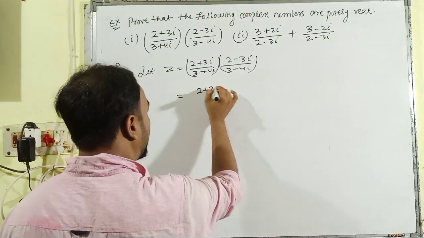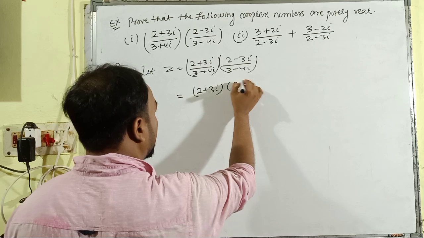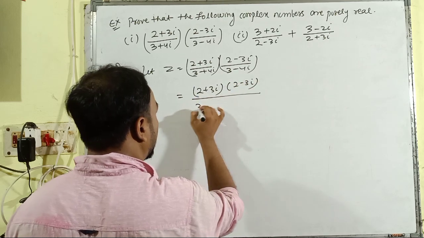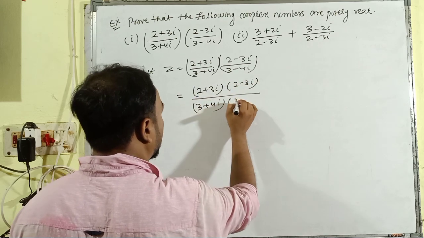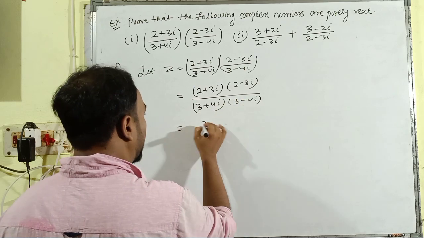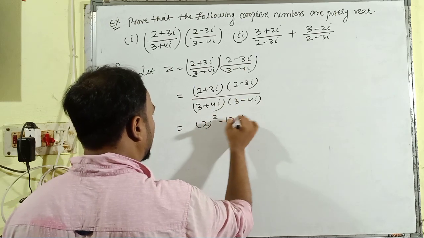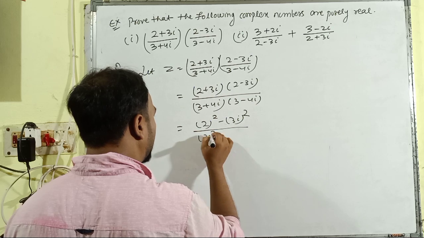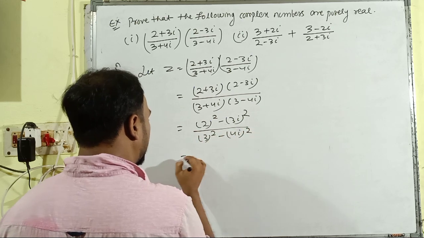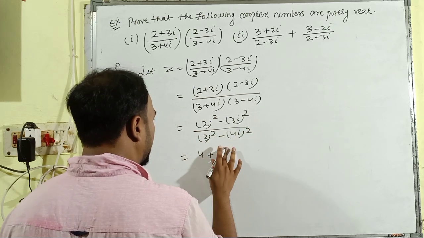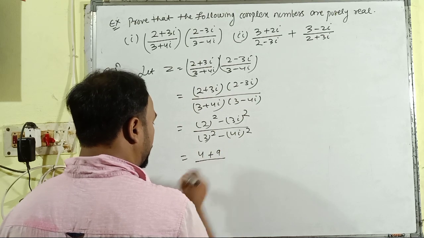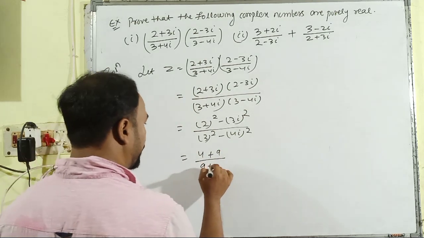Multiplying the numerator by the numerator, and then the denominator with the denominator of the second complex number, it will be (2)² minus (3i)² divided by (3)² minus (4i)². Then it is 4 plus 9 in the numerator, and the denominator will be 9 plus 16.